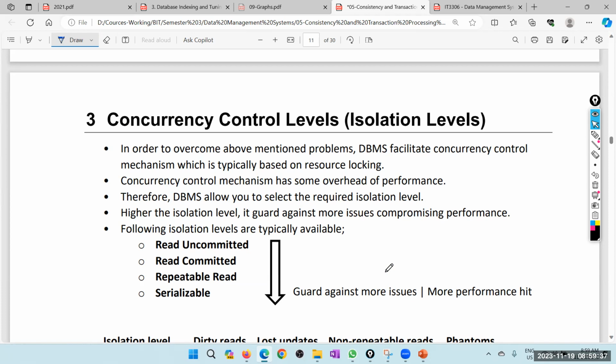Because remember, what we are learning is something the DBMS does. We try to understand the theory and the mechanism behind that. This is not something we have to do programmatically. That is a good story. We don't have to do it as software developers, but we must understand how the DBMS is handling this.